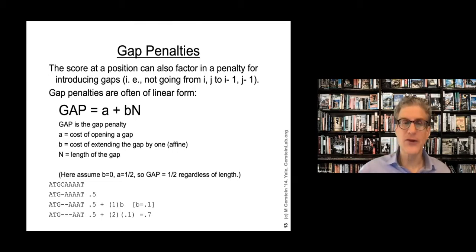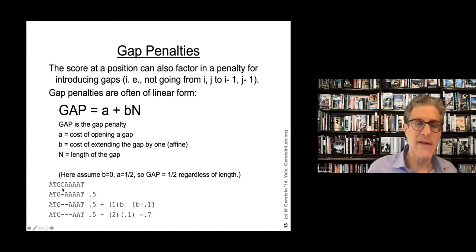So you can introduce a gap penalty, and then the question is, what type of penalty do you want to introduce? If I make a gap, like I'm having here, is that a uniform gap, where I just pay a fixed cost, or as I make the gap bigger, does it become progressively unfavorable? People usually describe this gap penalty in terms of a fraction of the overall match score.